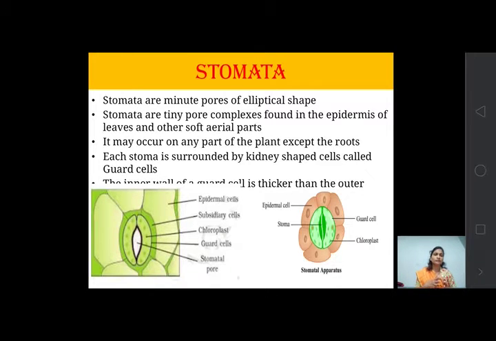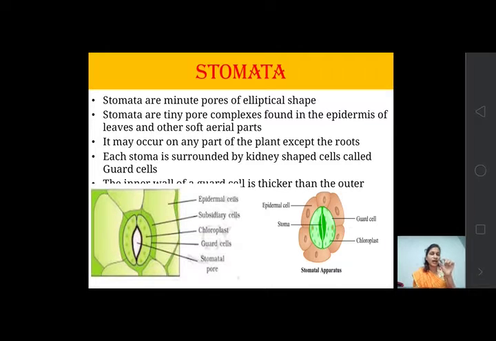If you look at the first picture, the inner wall of the guard cells is outlined by a black color, and it is somewhat thicker than the outer wall.